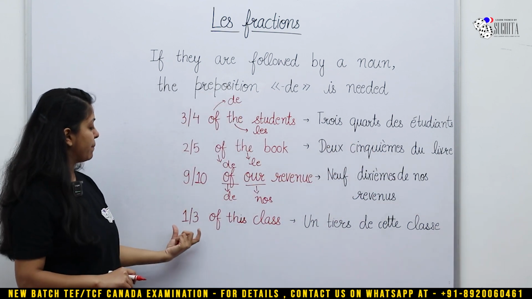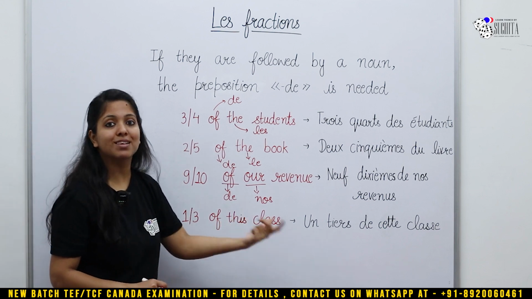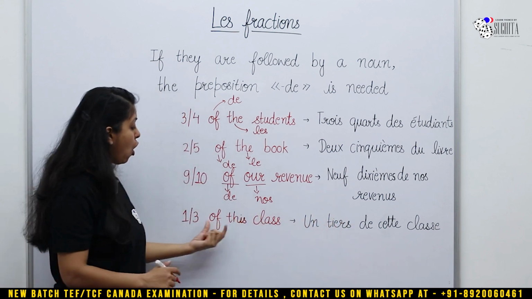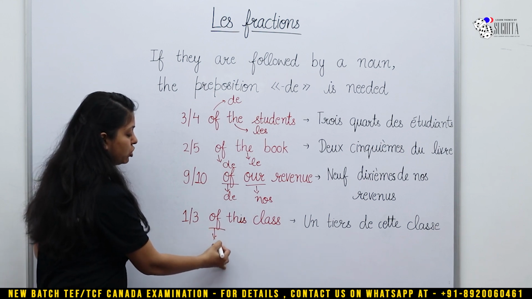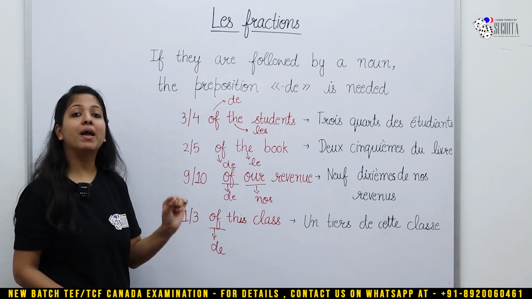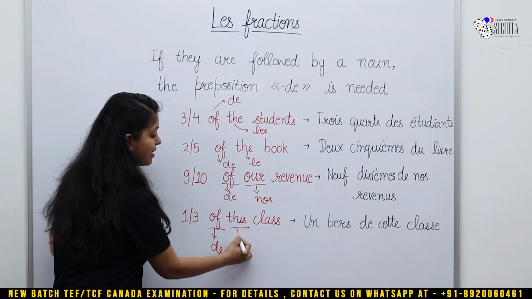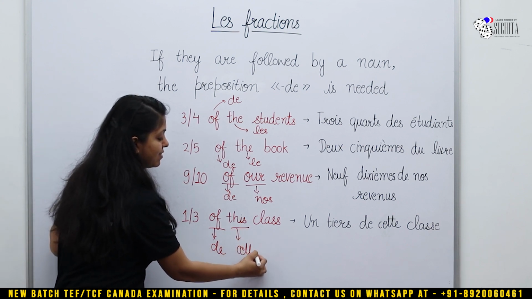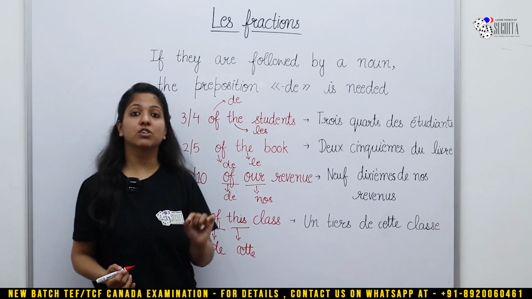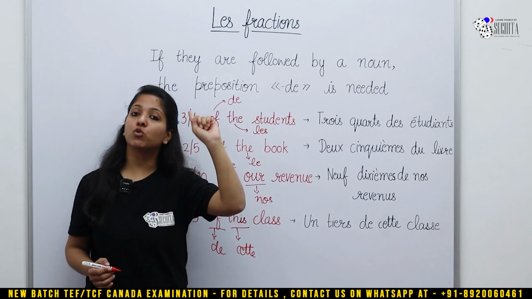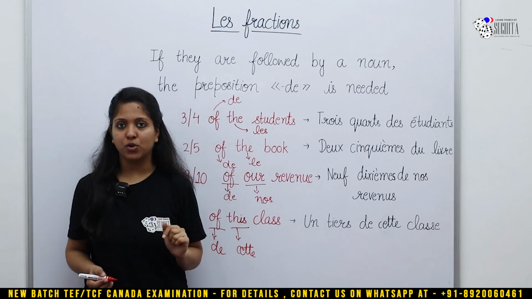Let's look at the final example, 1/3 of this class. Now 1/3 would be un tiers of, again it's the preposition de, followed by a demonstrative adjective, this class. Now this class is actually cette classe. That's a demonstrative adjective. If you do not know what demonstrative adjectives are, I'm dropping the link in the card above. You can watch that video and then come back here again.